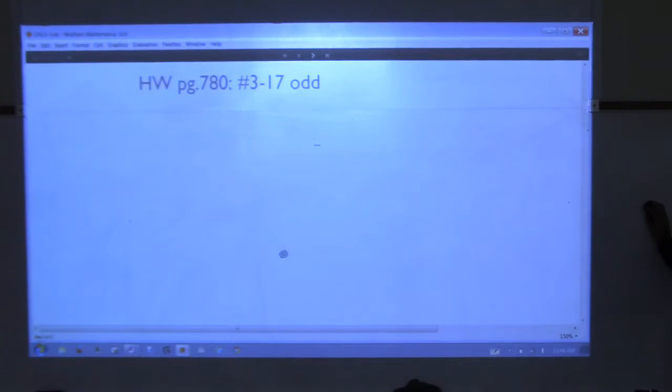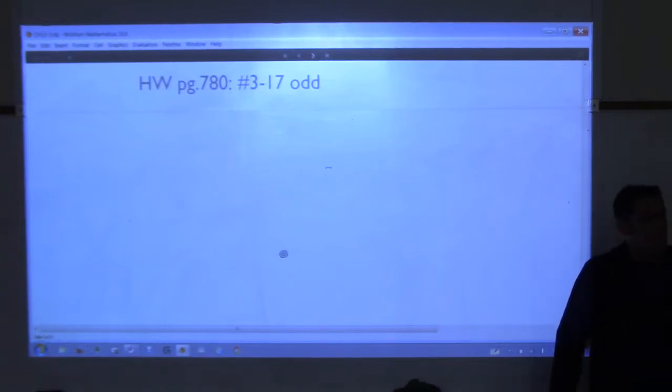You said there was going to be a way for us to check if it was a conservative vector field. Was there going to be a formula for us to check, before we did the work? Yes. So let's just all be clear. If I give you a two-dimensional vector field right now, capital F equals P, Q, we have a check to see if it's conservative.